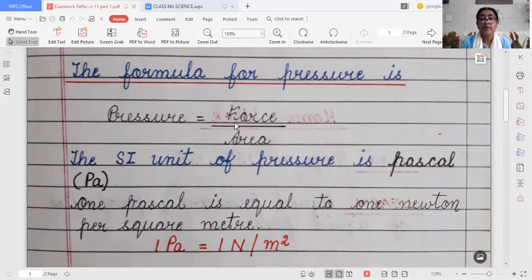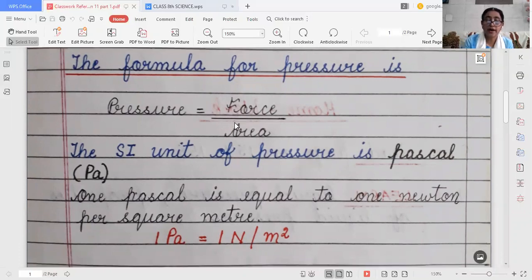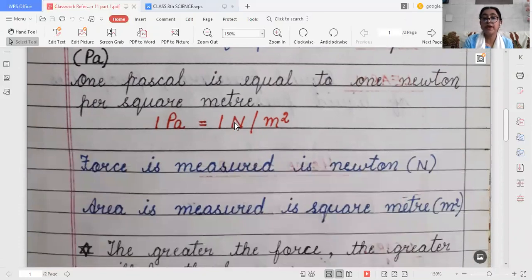Force is measured in Newton and area is measured in square meter.